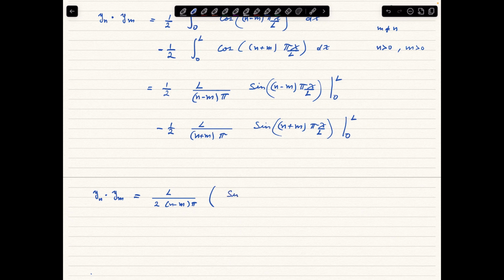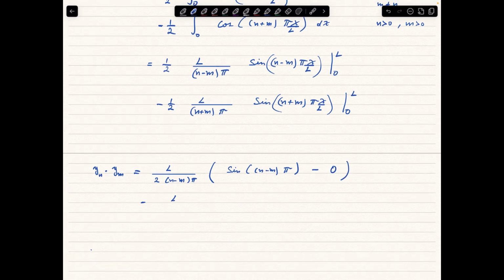We get sine of n minus m, which is an integer, times pi. When I put L here, they cancel out, and then minus at 0, but sine of 0 is 0. And then we have minus L over 2 n plus m pi sine of n plus m pi x over L. We need to evaluate at L minus at 0, which is 0.